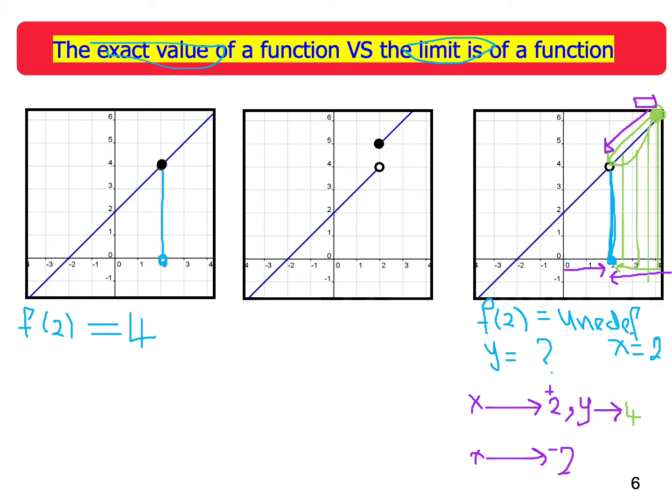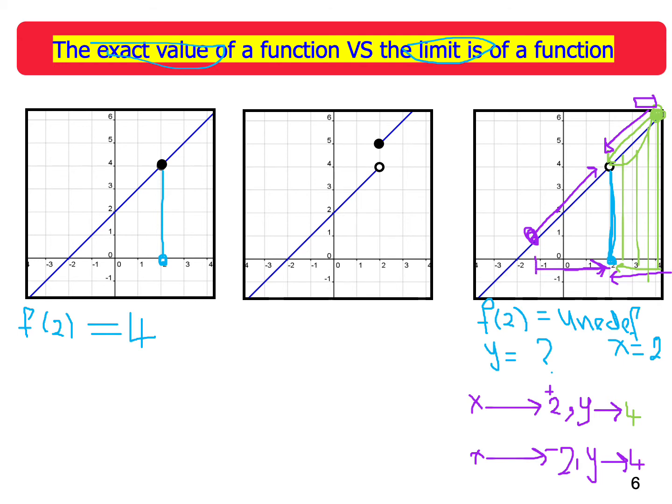Okay, if I go to 2 from the left, I will start from any point, let's say -1 or 0 or whatever. That means my car is here. Then I move towards it until I reach the same point. So that means y also goes to 4, which means the intended height.